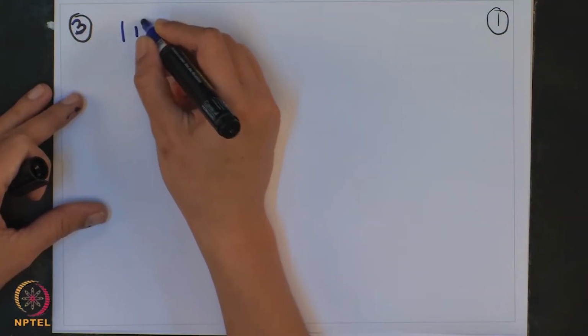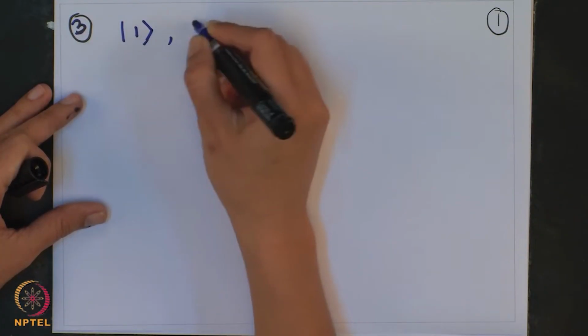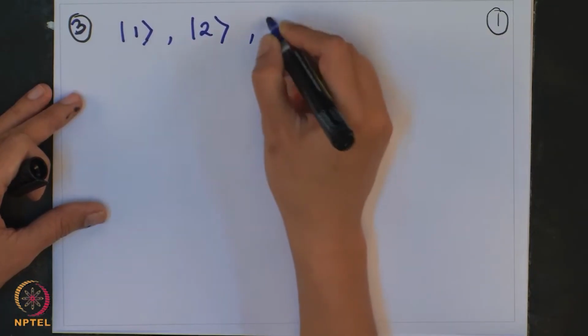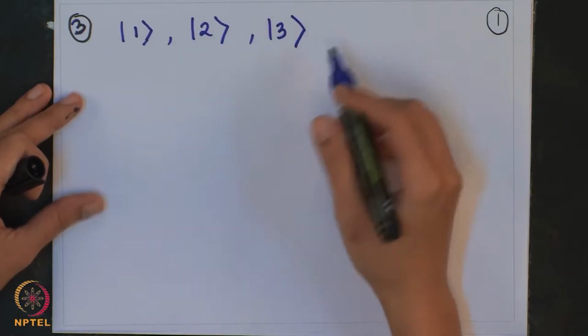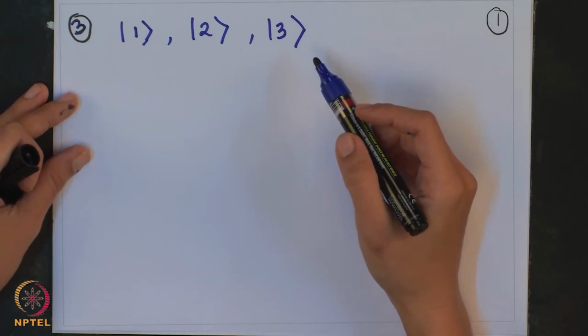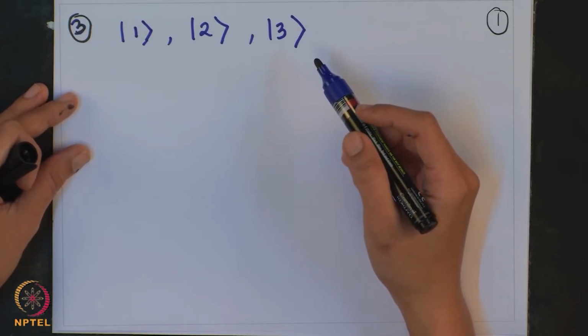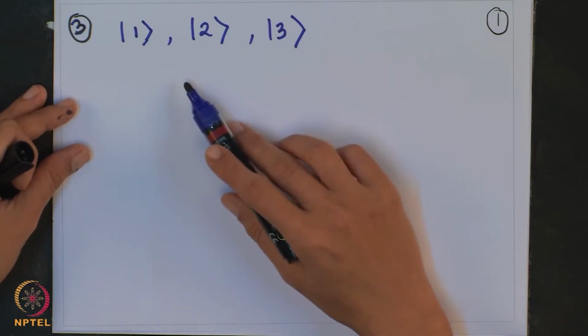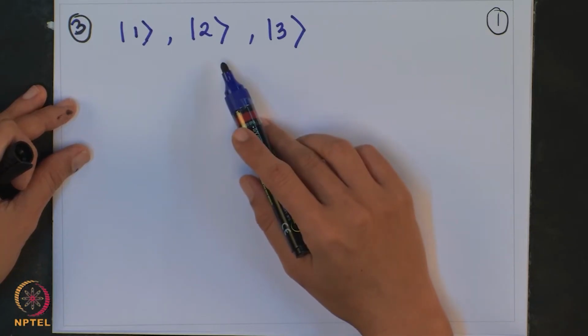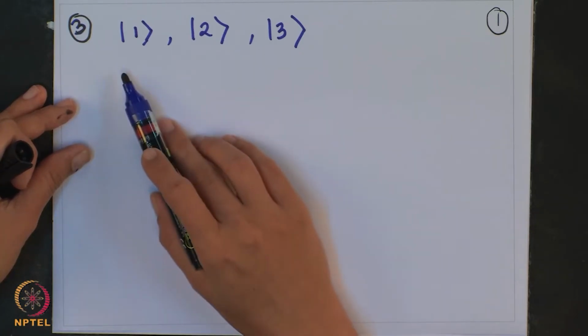Consider a 3-dimensional Ket space with simultaneous... In the question we have a 3-dimensional Ket space with vectors, or Kets, which are orthonormal.